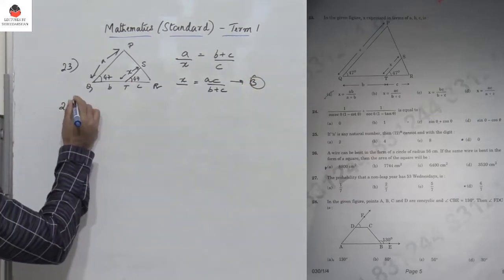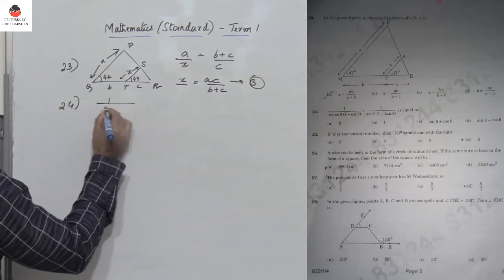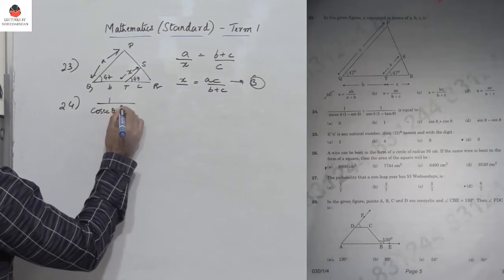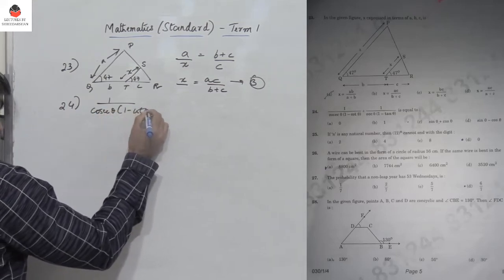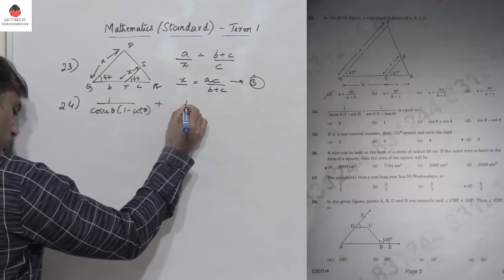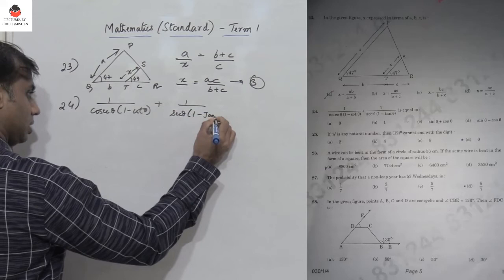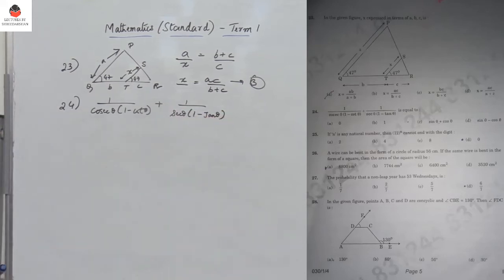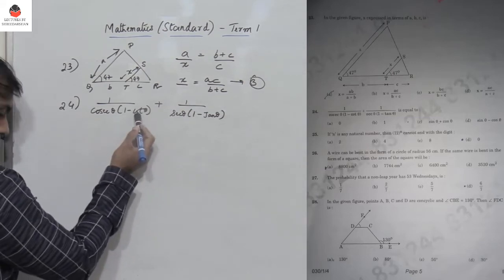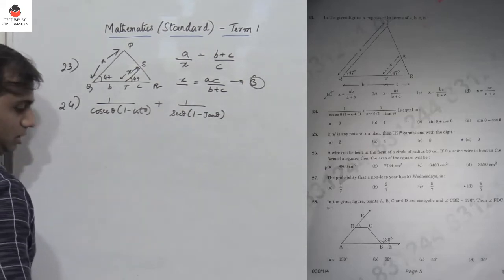24th one, we have 1 divided by cosecant theta into (1 minus cos theta) plus 1 divided by secant theta into (1 minus tan theta). We have to find the value. So cosecant theta is nothing but 1 by sin theta, and cot theta is cos theta by sin theta. Right?